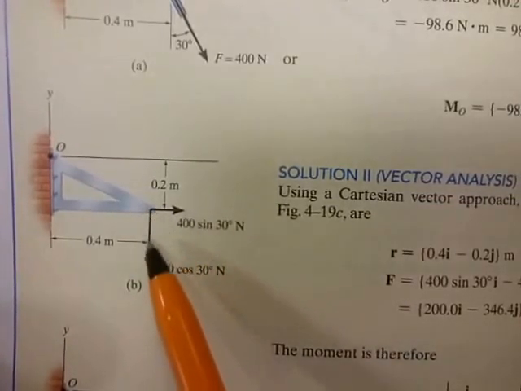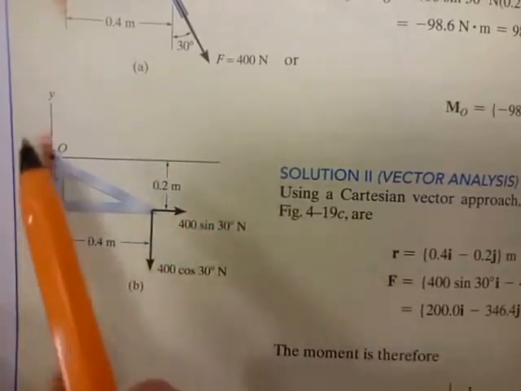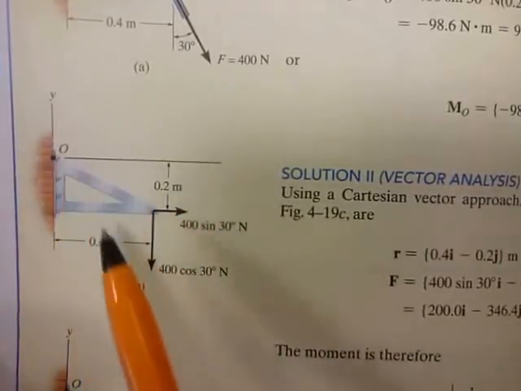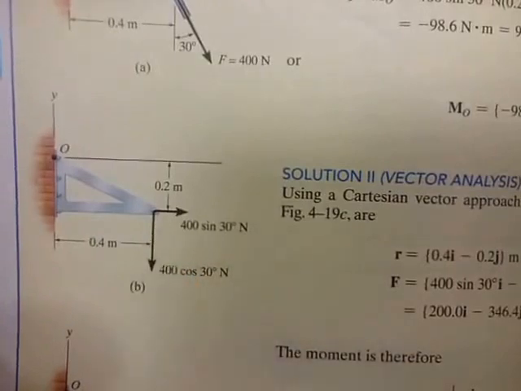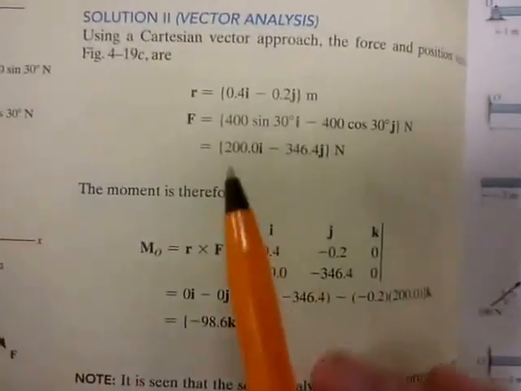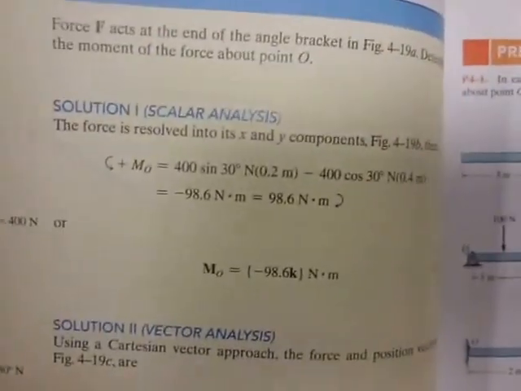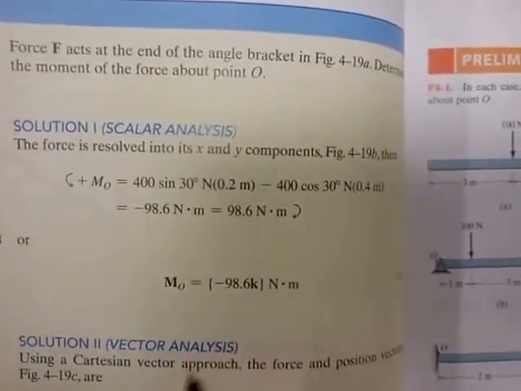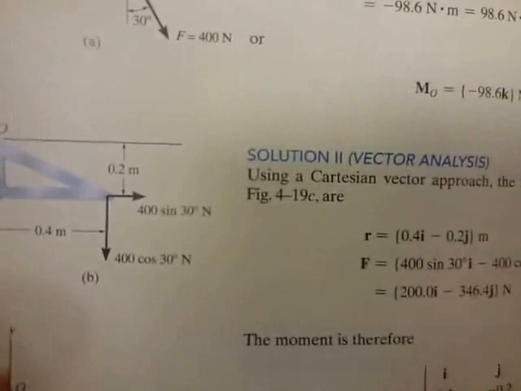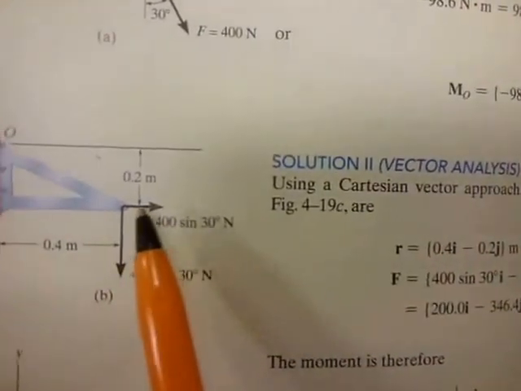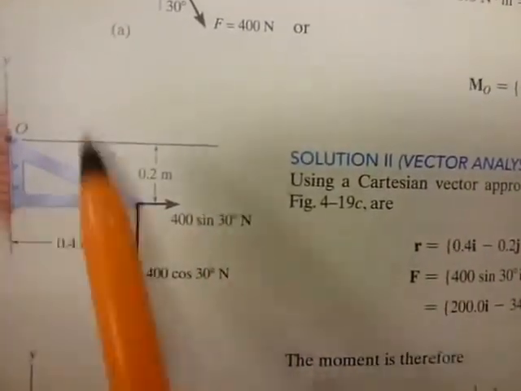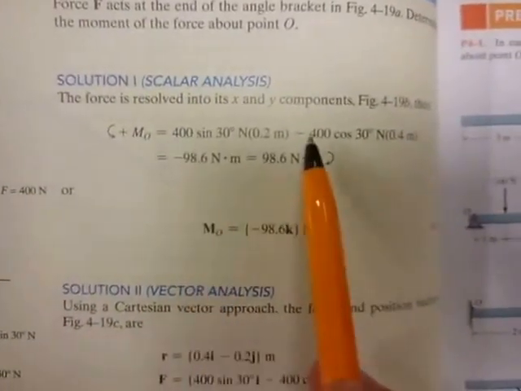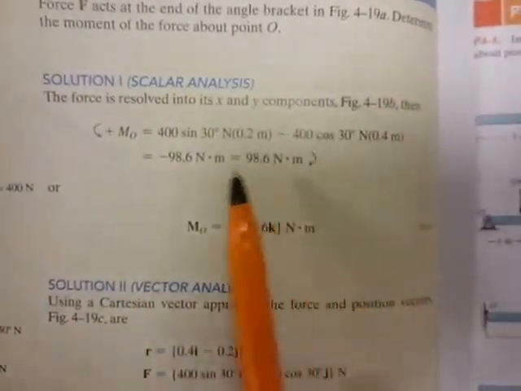And then this force will cause a clockwise moment. So the moment due to this force is negative. So that's exactly what we had here. Okay? We have the 400 sine 30 times 0.2. That 400 sine 30 times the moment arm is going to be anti-clockwise, so it's positive. And then the other one will be negative.